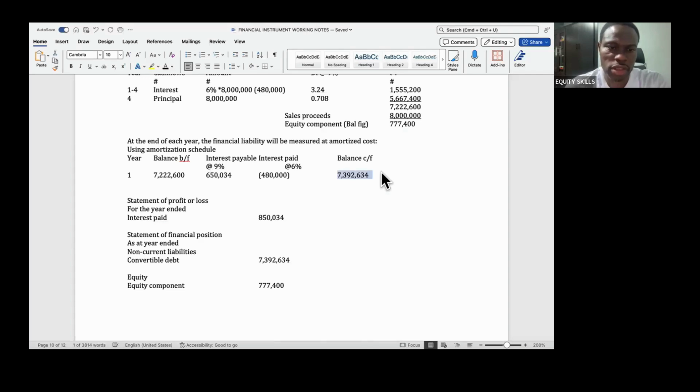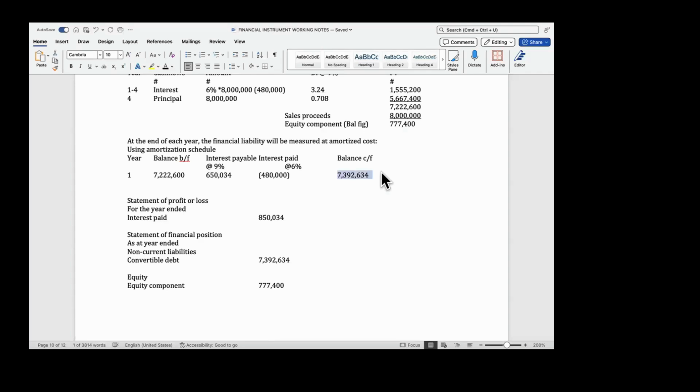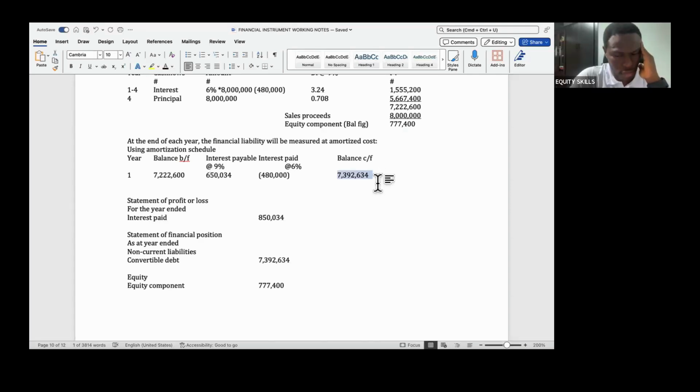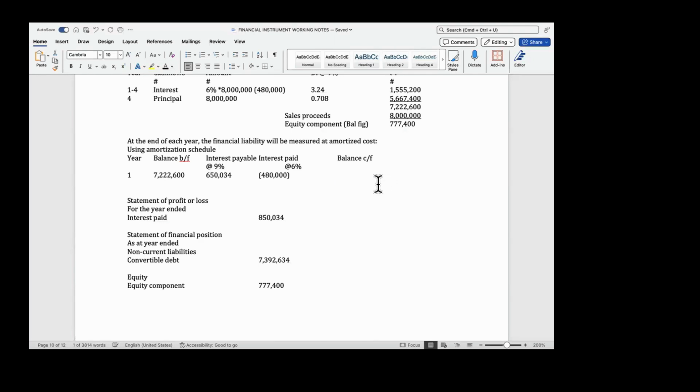Can you help us calculate this? Who is doing that for us? 892634.